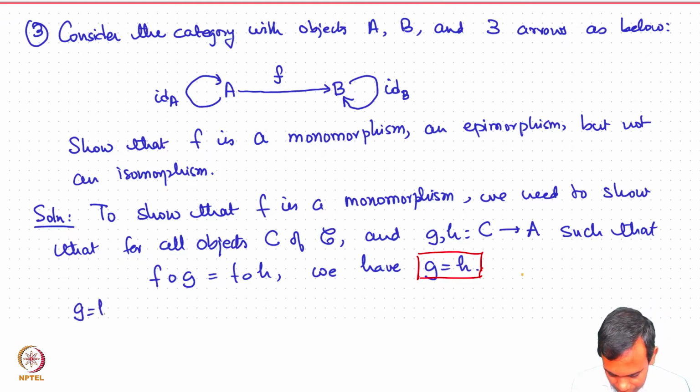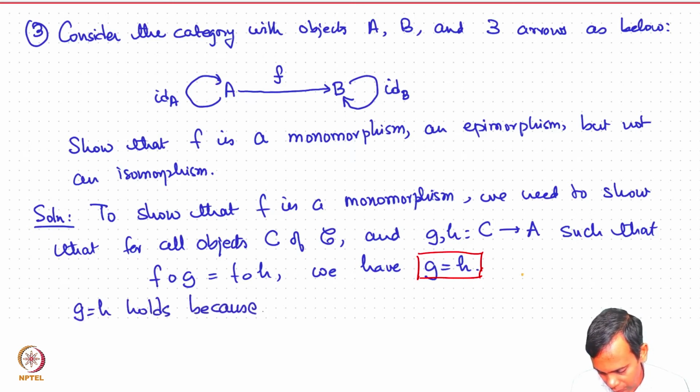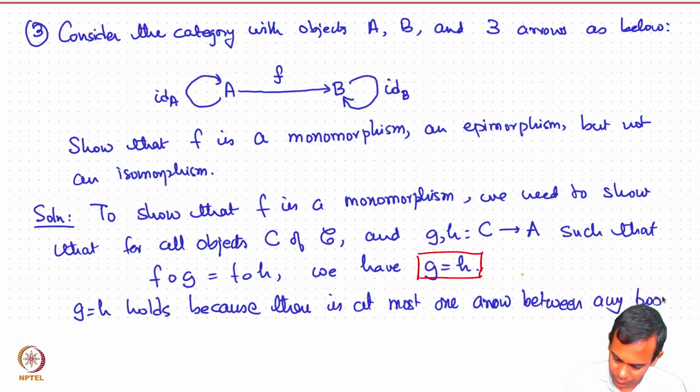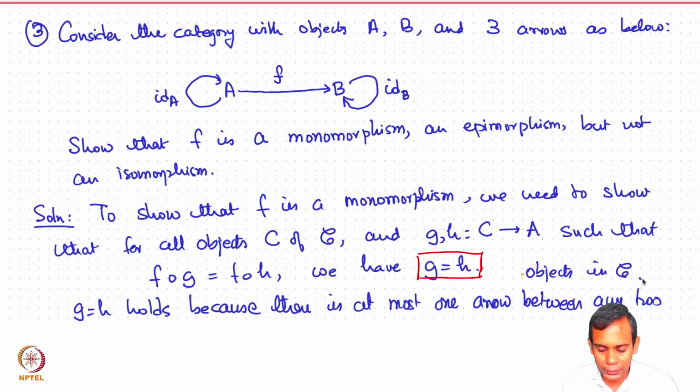So G equals H holds because there is at most one arrow between any two objects in C. So that shows that F is a monomorphism, and the same argument also shows that F is an epimorphism.